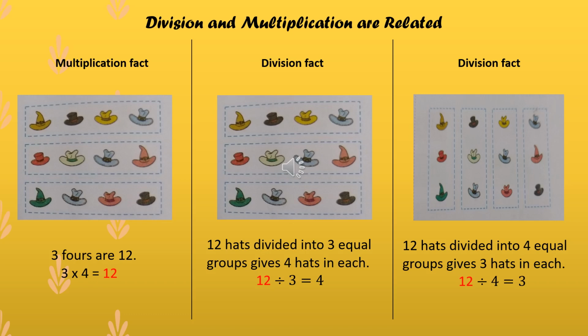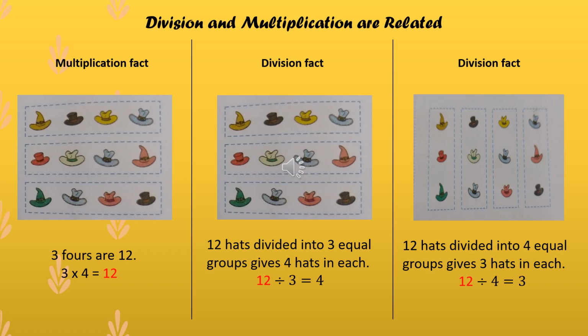See, 12 hats are there. And we have 3 rows. See, in the column of multiplication fact, 3 rows are given and hats are kept in those rows. Each row has 4 hats, isn't it?